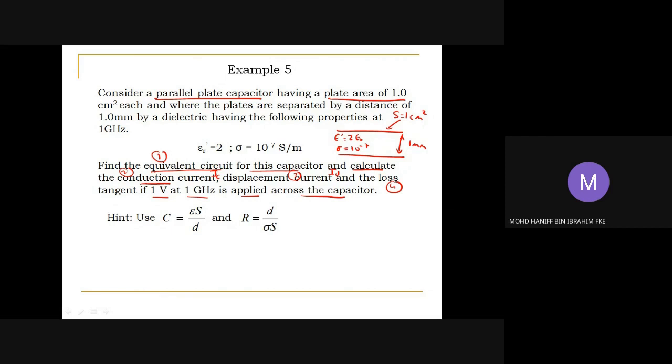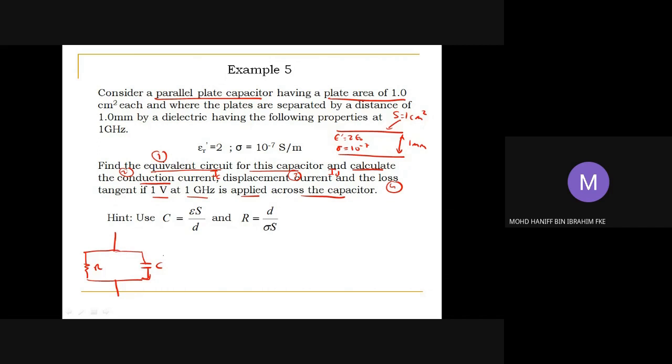For the equivalent circuit, we have learned in the previous slide that for the case of lossy dielectrics, the capacitor can be regarded as two components: a resistor and a capacitor in series. This is for the case of a lossy dielectric medium, so we are going to have this equivalent circuit.